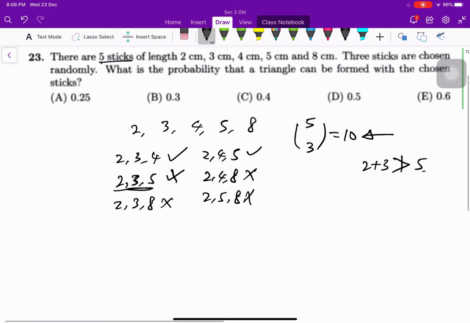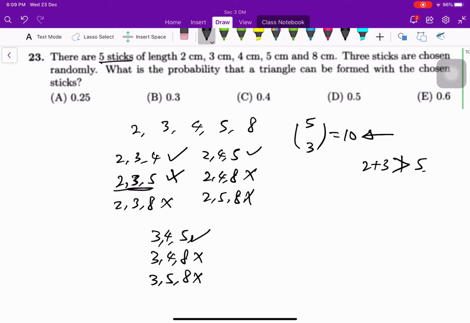Then let me move on to 3. That means in this case, can I say that 3, 4, 5? This is obviously the sides of a triangle. This is a right angle triangle, right? And then after that, 3, 4, 8. This is not possible. And then 3, 5, 8.